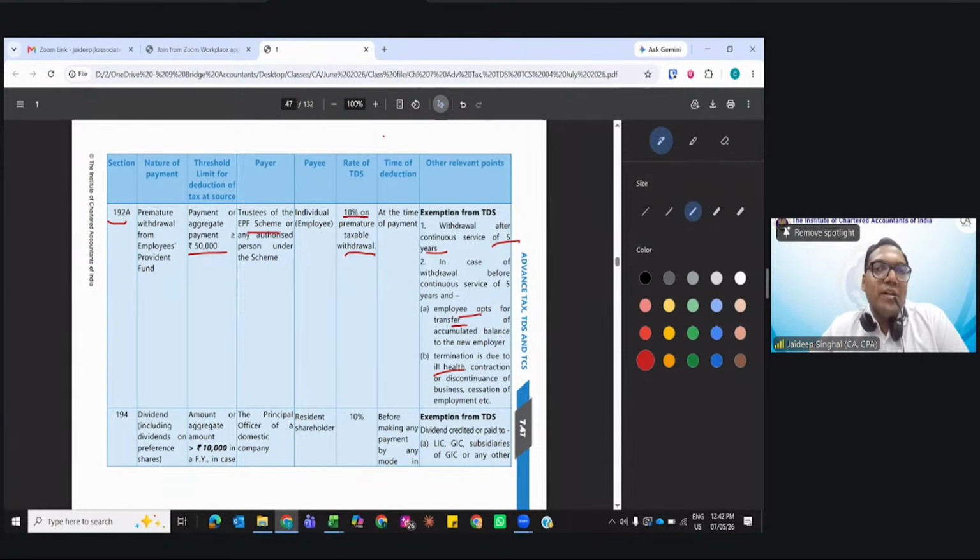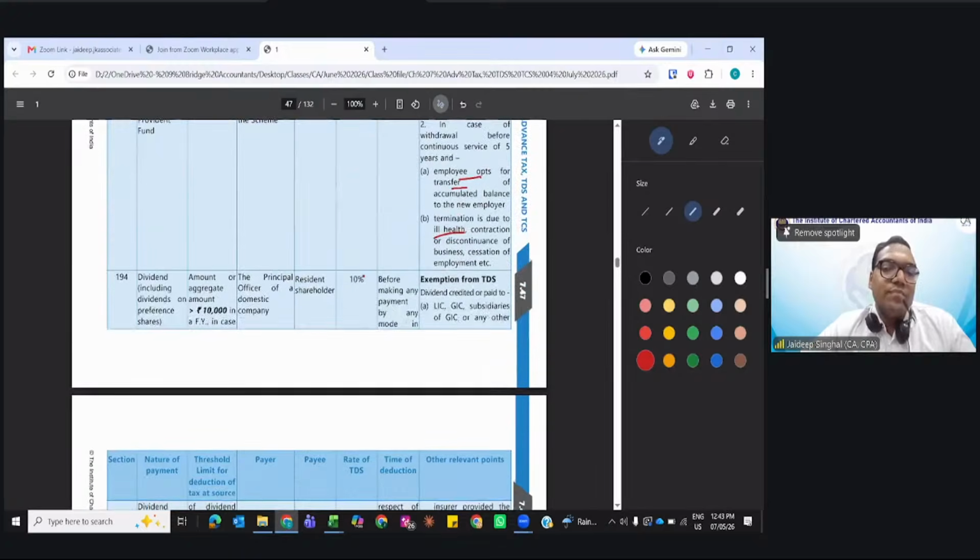Then I started my own practice. Now tell me, I withdrew money from the PF account. Will that be taxable or non-taxable? It will be taxable, right? So it was taxable to me, and TDS of 10% was deducted. The payment was exceeding 50,000, so TDS was deducted at 10%.